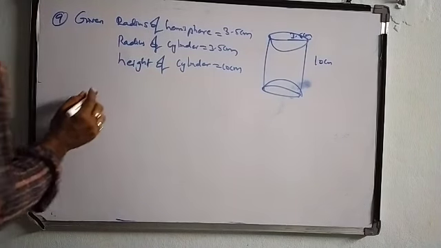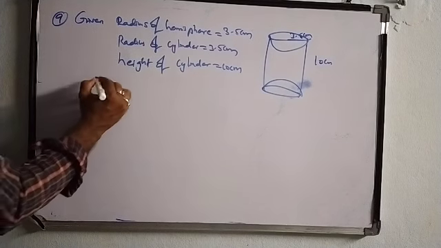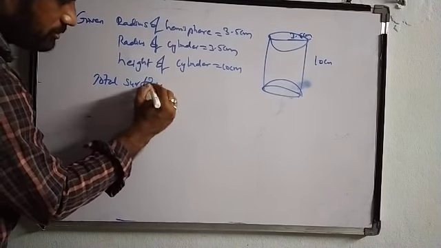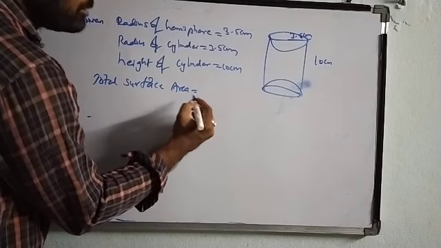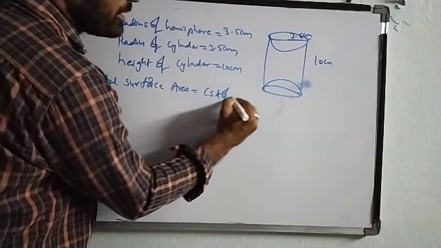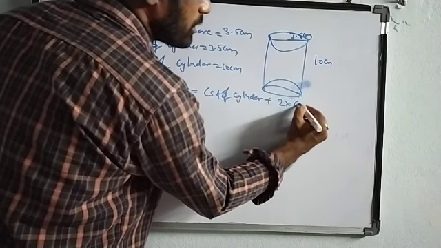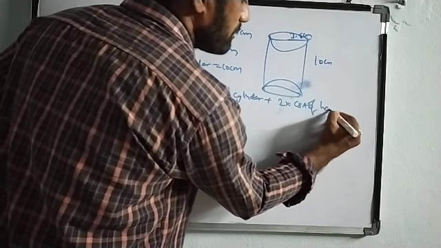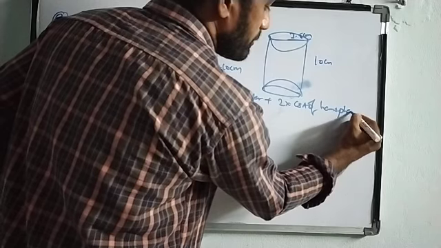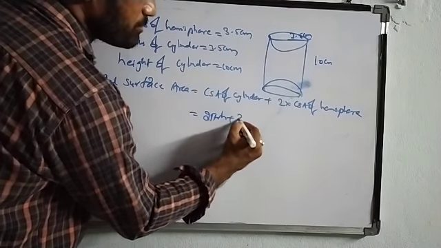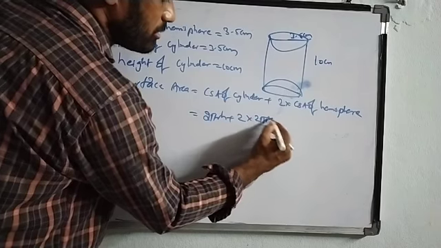So he is asking to find the total surface area, which is curved surface area of cylinder plus 2 into curved surface area of hemisphere. That is 2 pi RH plus 2 into 2 pi R square.